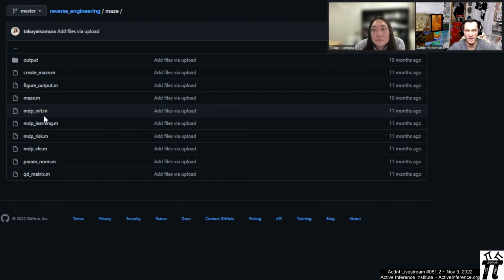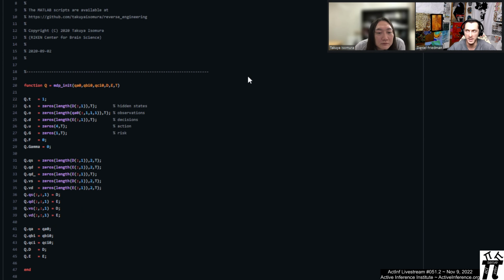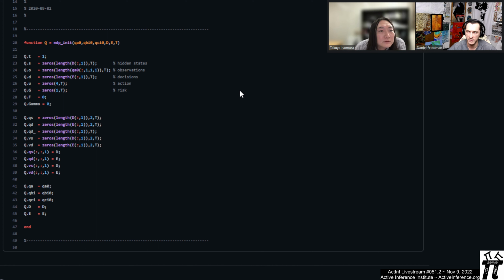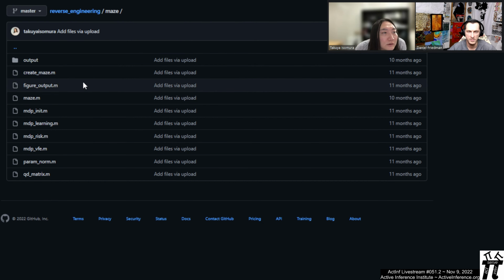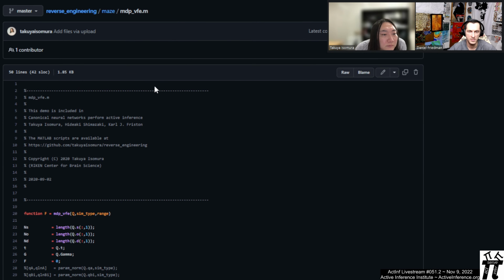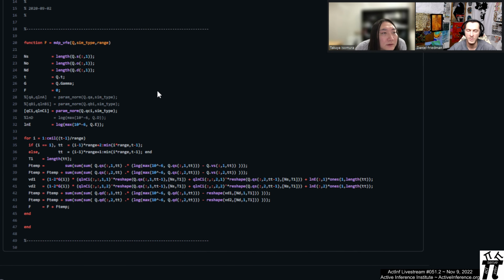Well, what is MDP init? It's initiating the Markov decision process. Exactly. It just determines the initial state of the simulation. And variational, if we compute the variational free energy or risk, MDP risk computes the risk function. So basically we use the neural network structure computation in this particular setup.